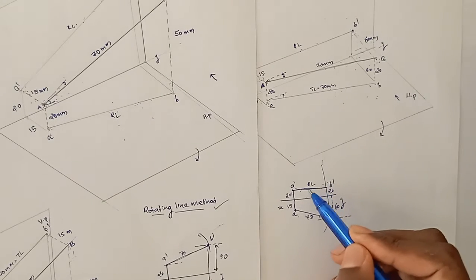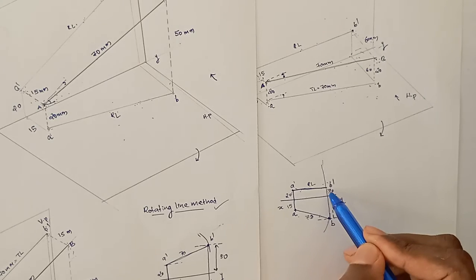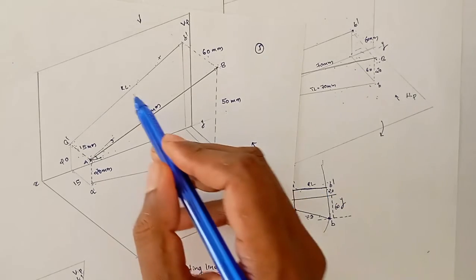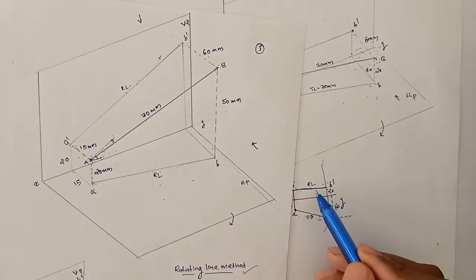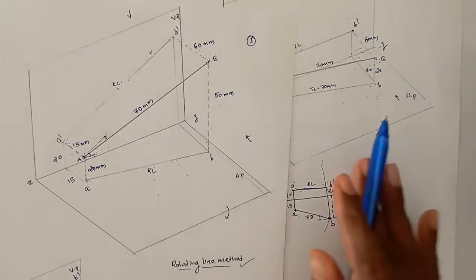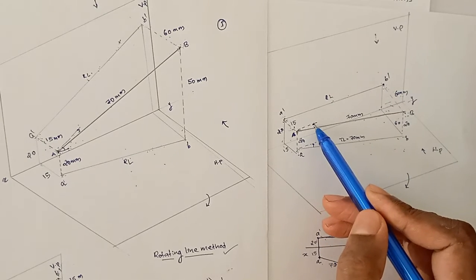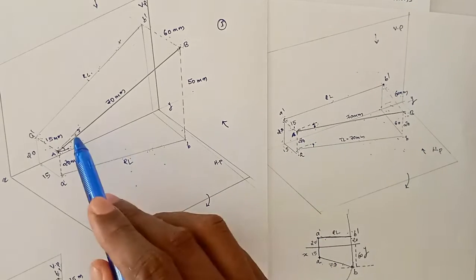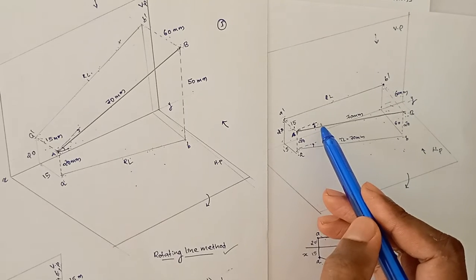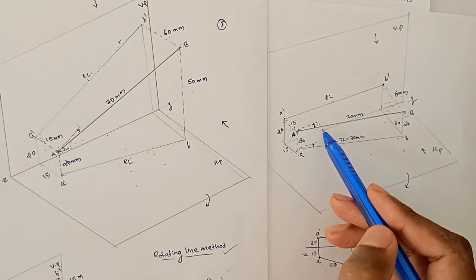We don't know the length. We can now measure the length. This is less than 70. This reduced length must be equal to this reduced length, right? This front view is equal to this front view. Why is that? Because comparing these two images, we are not changing this angle, the inclination with VP, which is similar in this picture and in the second picture.